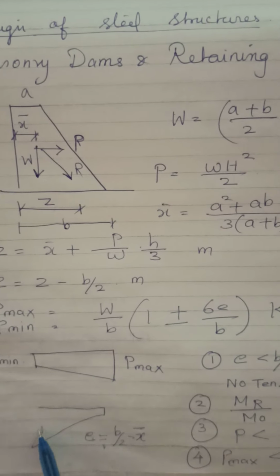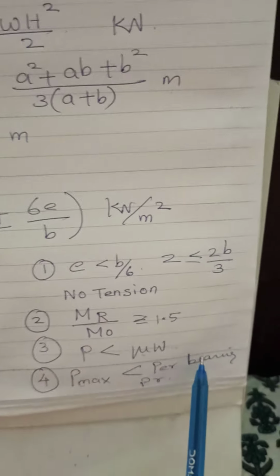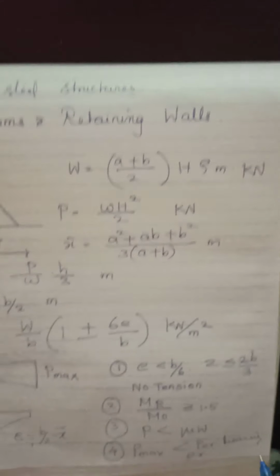And the P max, the maximum pressure here, should be less than the bearing pressure of the soil or maybe the foundation.